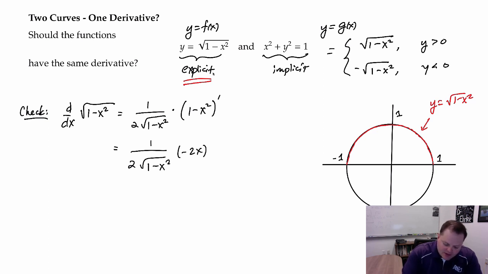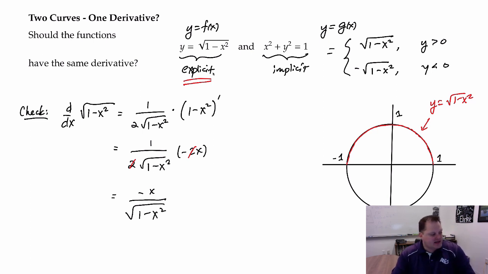And you see here that the 2's cancel, which leaves you with negative x over the square root of 1 minus x squared. So that's the derivative that we have for the upper half of the circle. This would give the slope of the tangent line anywhere along the upper half of that circle.